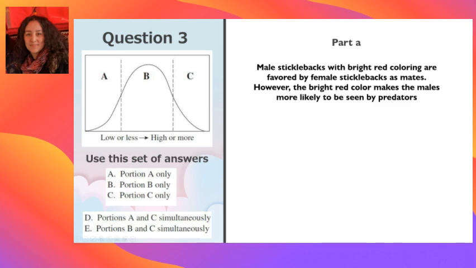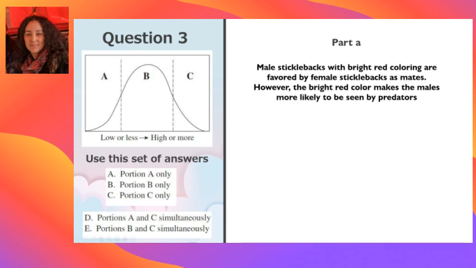We'll do A as a pale color and B as a medium. So we know that that bright red color is going to be more likely to find a mate, and that A, that pale color, is going to be less likely to find a mate. We also know that the red color bird is more likely to be eaten by predators.